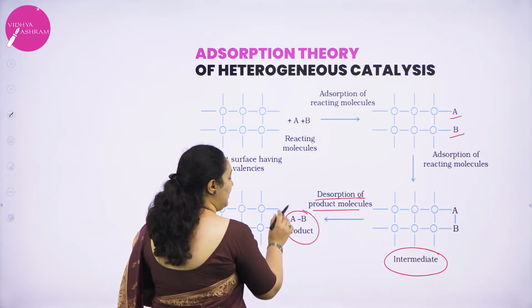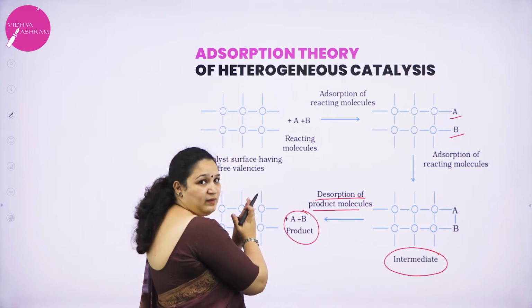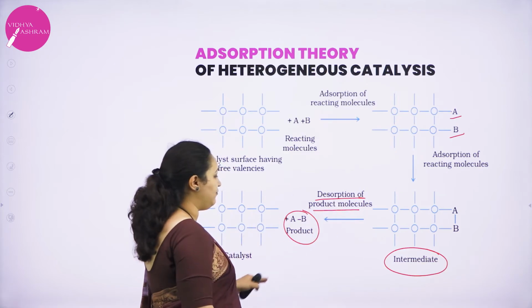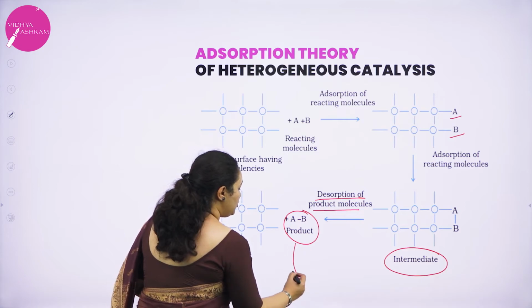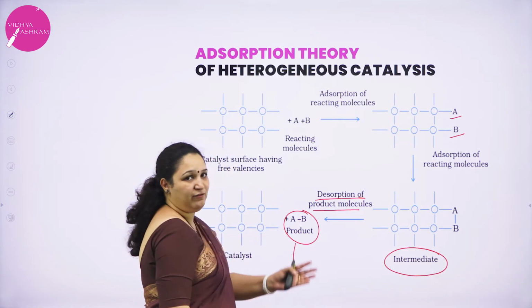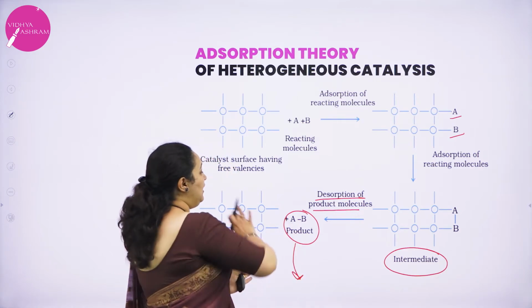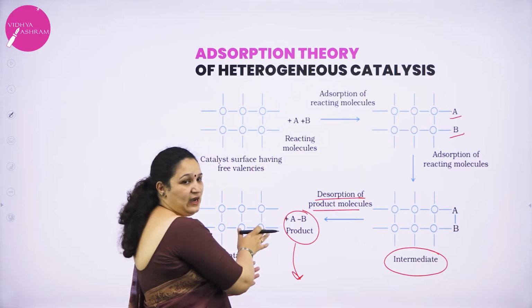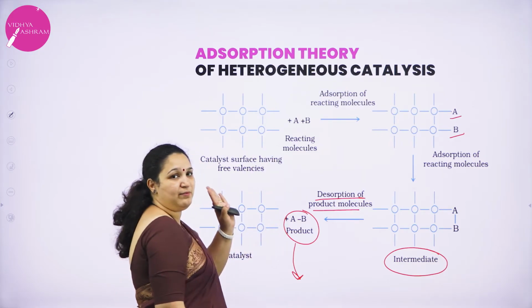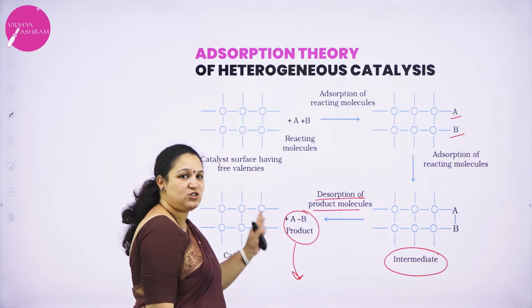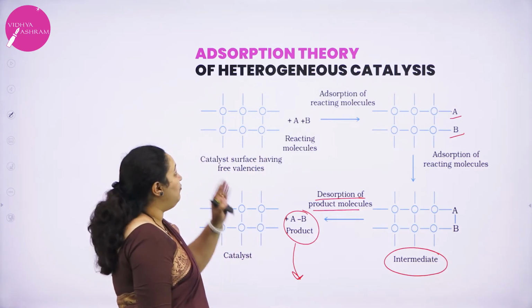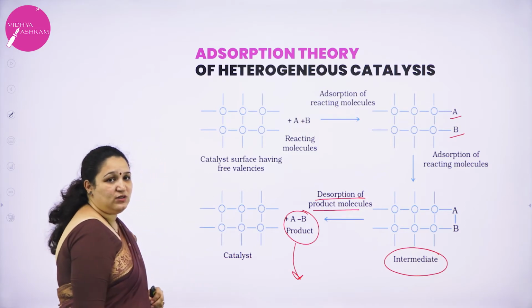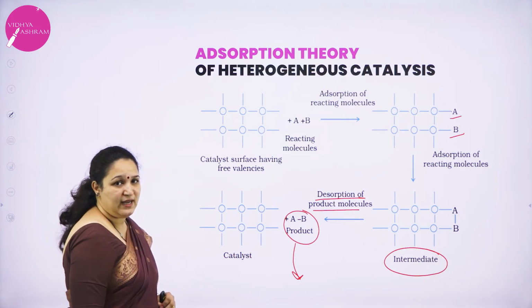AB is the product, it will get removed from the surface of the catalyst. And the fifth step is diffusion of the product away from the catalyst, so that it can make space for the new reactants to come and get adsorbed. So these are the 5 steps in the adsorption theory of heterogeneous catalysis.